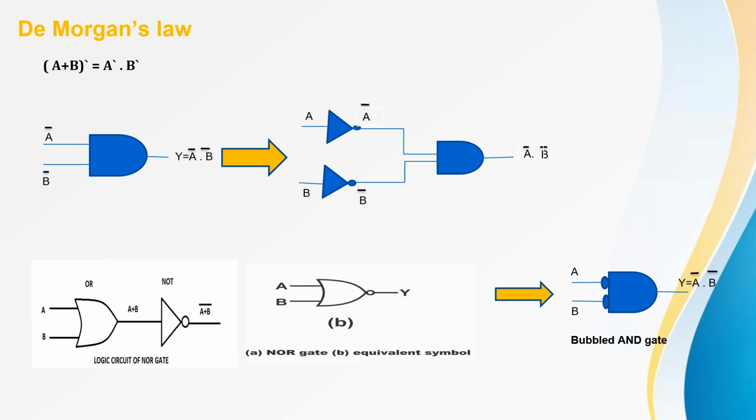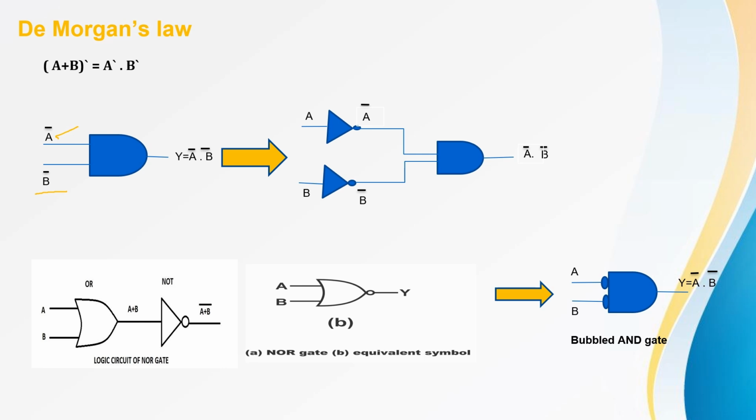Here A bar dot B bar is equivalent to applying the inputs A bar and B bar to an AND gate, right? These A bar and B bar signals can be generated by passing the inputs A and B through the NOT gate.